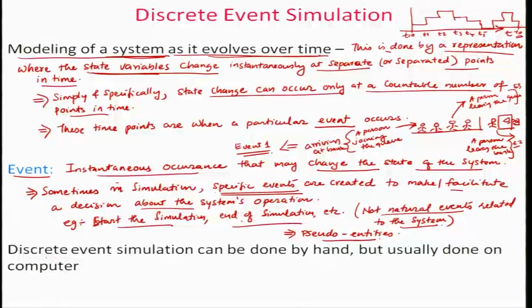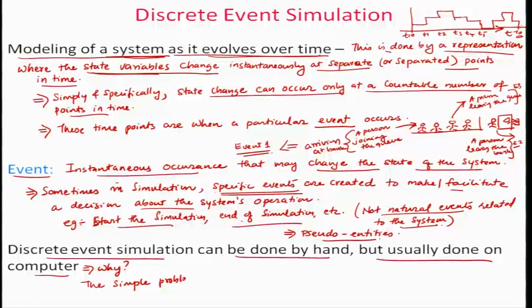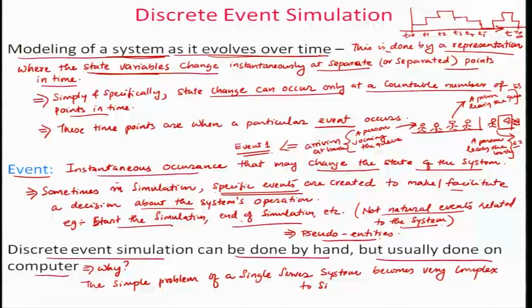Also, discrete event simulations can be done by hand. There is no rule that you have to use a computer to do it, but it is usually done by a computer. Why? Why do we usually do it with a computer? The simple problem of a single server system becomes very complex to simulate by hand.